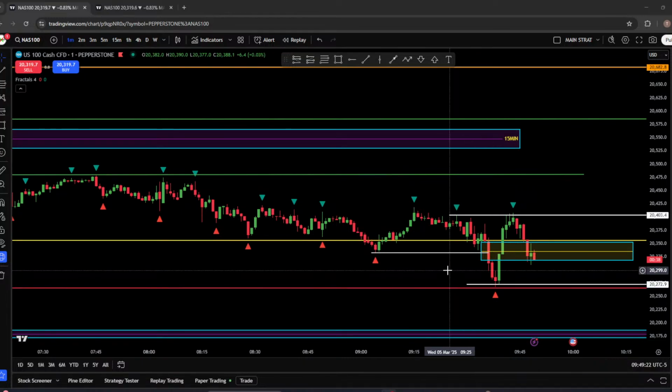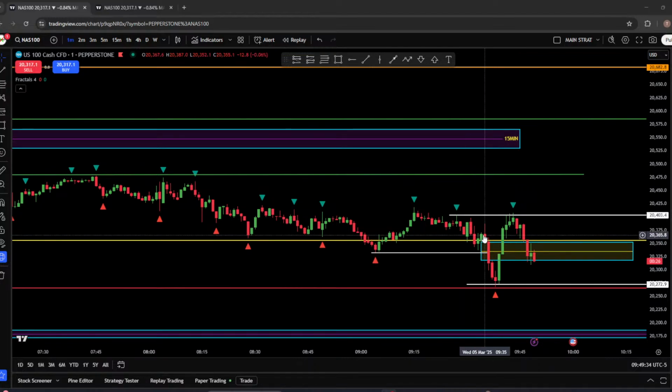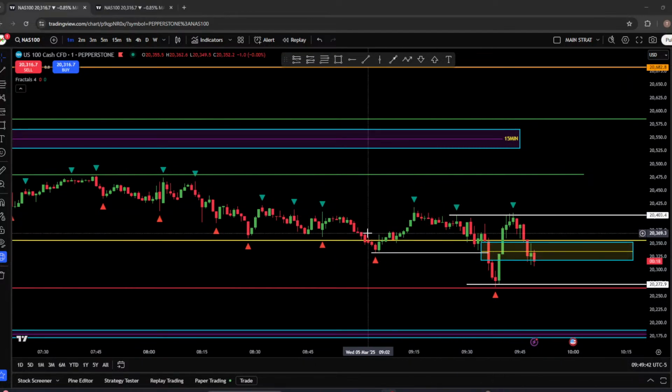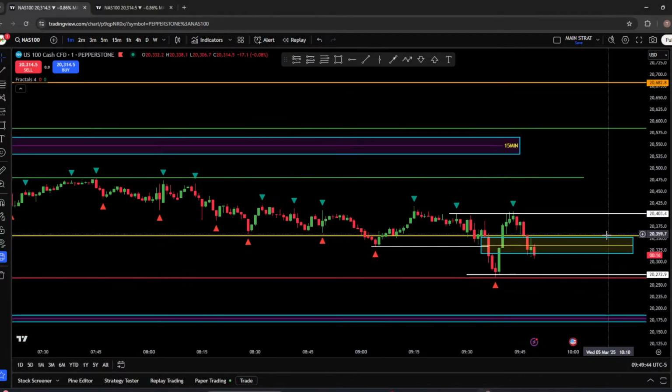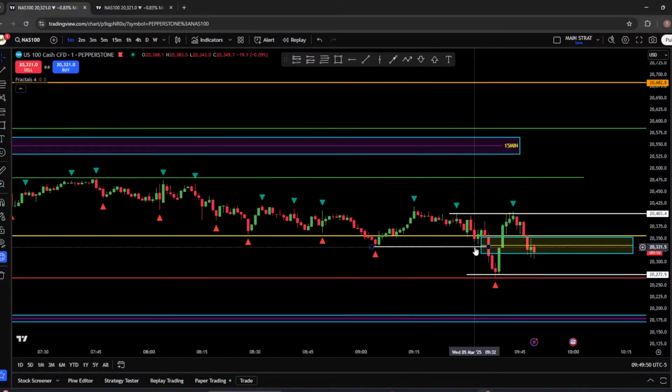I'm still going to have to not take a trade until we get something here, because we didn't have a break, we just had a wick above, so I'm not going to count that as a break of structure to take as an indicator to take buys. It is still bearish right now, just because we had that market shift here.